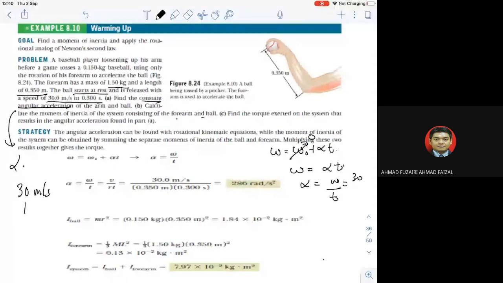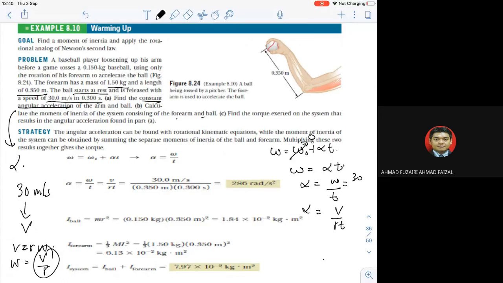So we know that v is equivalent to r omega, so in order to get omega, omega is v over r. So you get this v over r over here, and then you know alpha is equivalent to v over r times t.